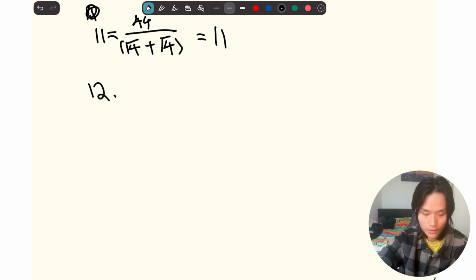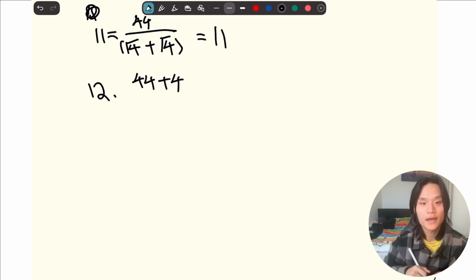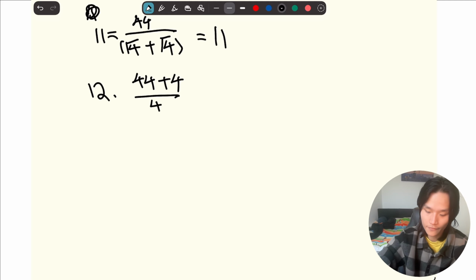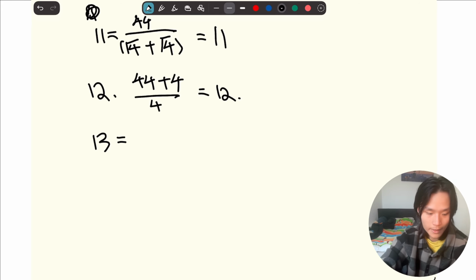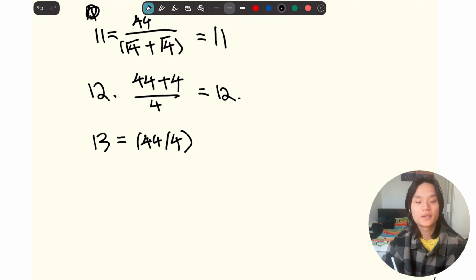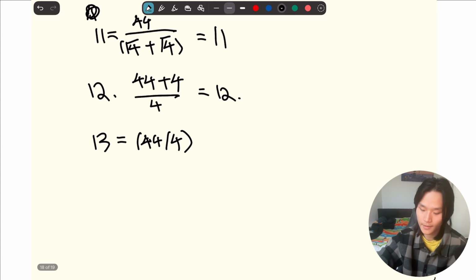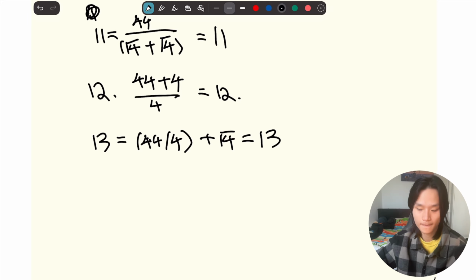So 12, we have 44 plus 4, that is 48, divided by 4, that's 12. And for number 13, we have 44 divided by 4, that is 11, and then we can add the square root of 4, so that's 13.